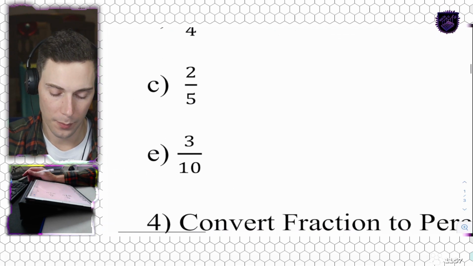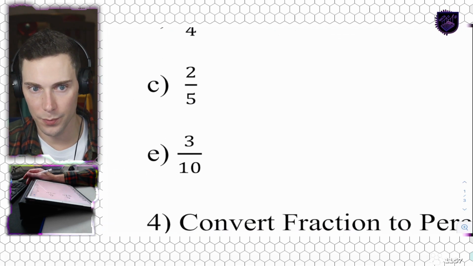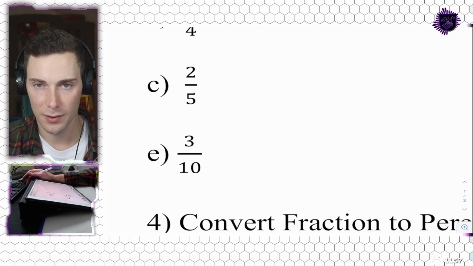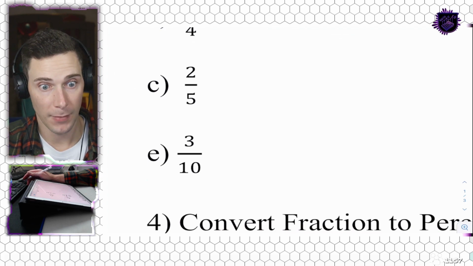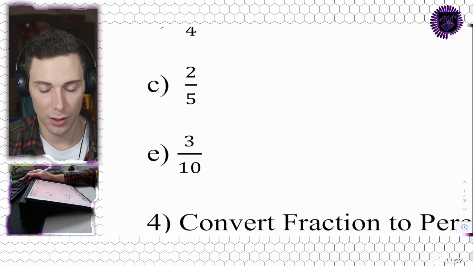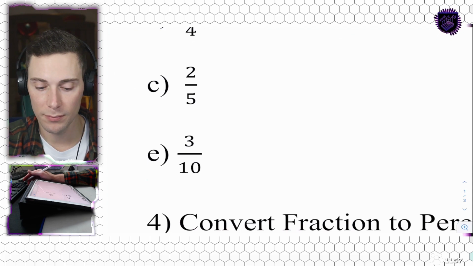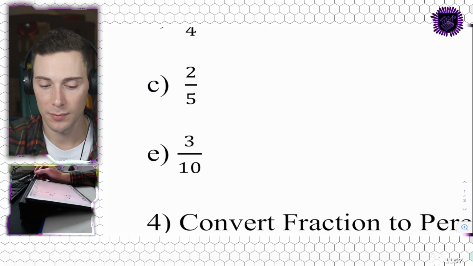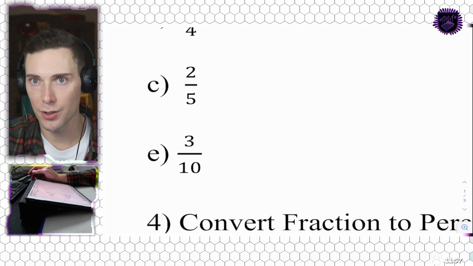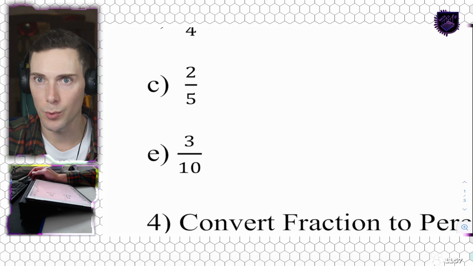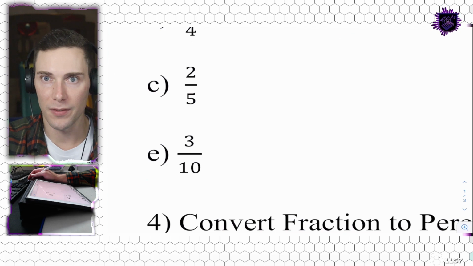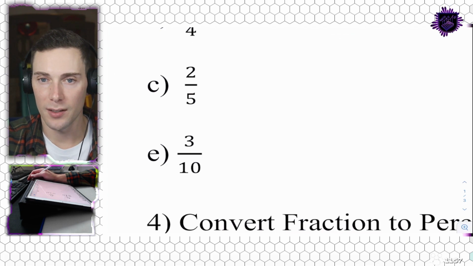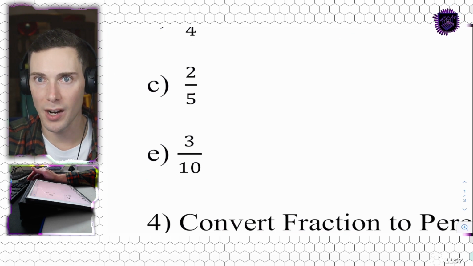Number 2. So 2/5. Now remember, I can easily create this into 4/10, and then from there, it's easy to make a decimal. But again, you should probably start to remember that 2/5 is 4/10. 1/5 is 2/10. 3/5 is 6/10. It's a simplified version of a nice base 10 fraction.